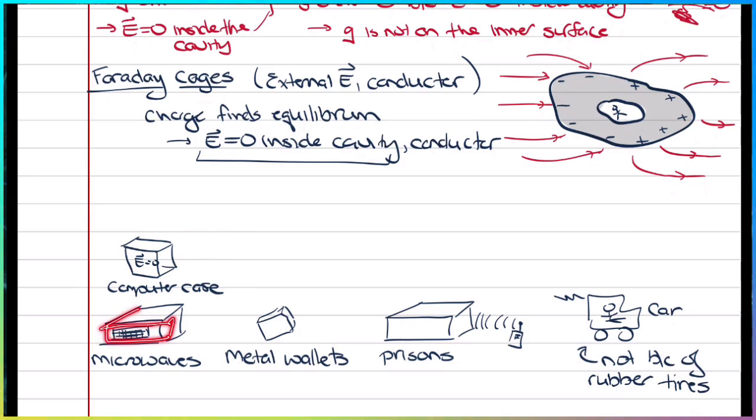Microwaves. Have you ever wondered why it's safe for you to just hang out right next to a microwave and salivate as your meal cooks, and that radiation is not causing bad things to happen? Well, it's because the microwave itself is a Faraday cage. That's why if you look at the viewing screen, it's not completely clear.